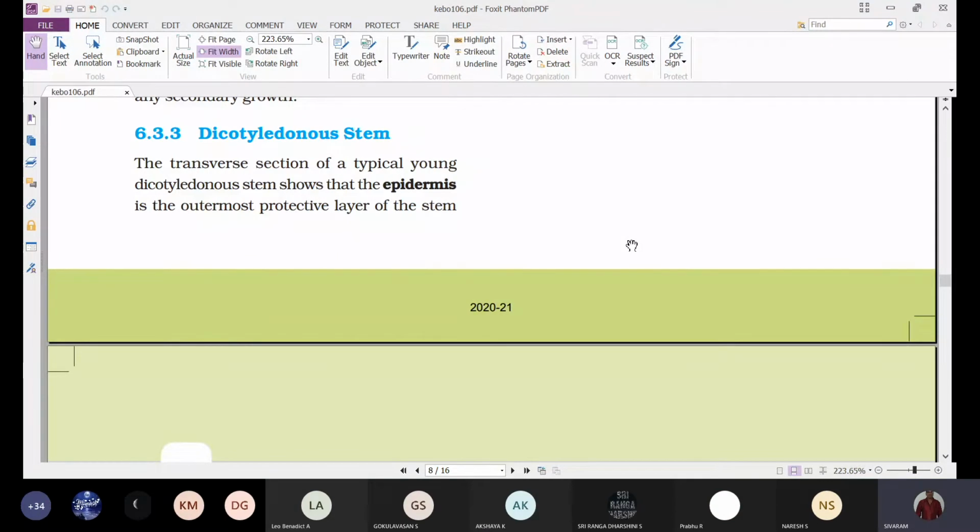First we'll go with the description, and later we'll go with the explanation with reference to the diagram.